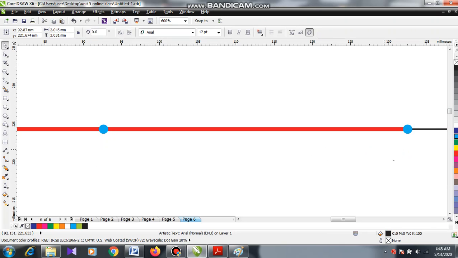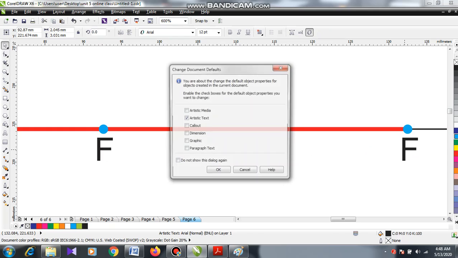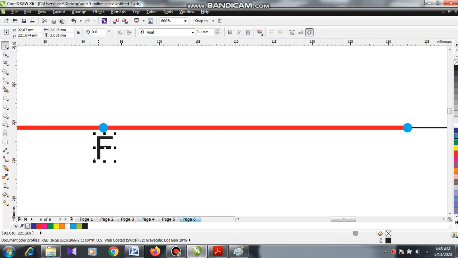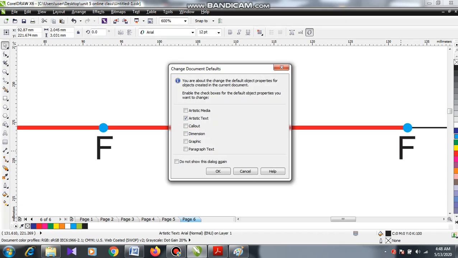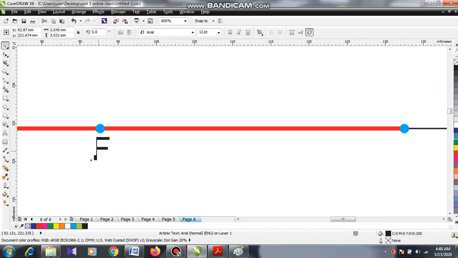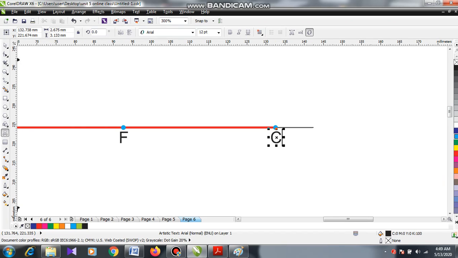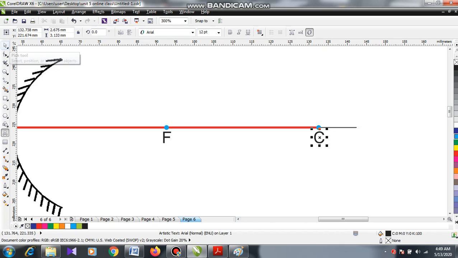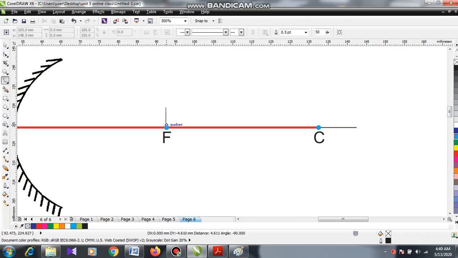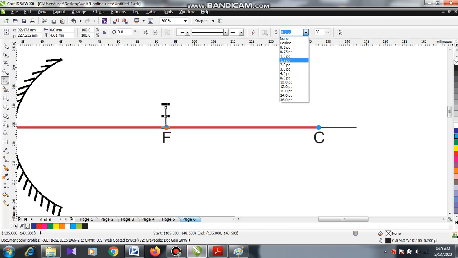I'm going to mark it with the letter capital C. Capital C stands for the center of curvature. F stands for focal point.